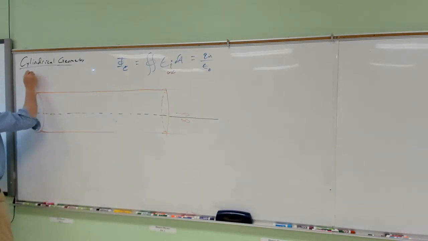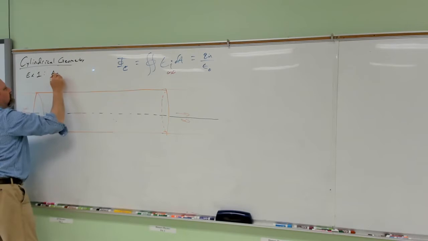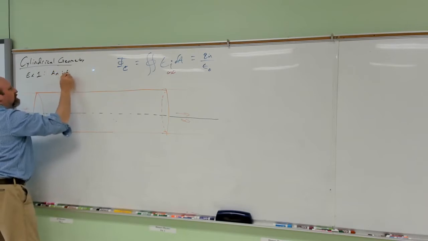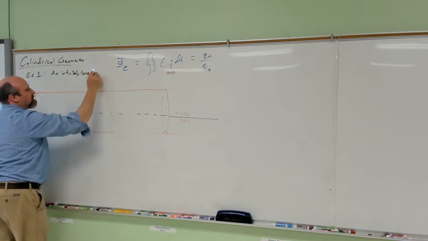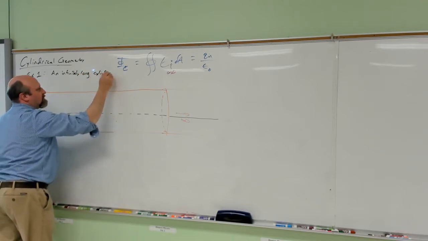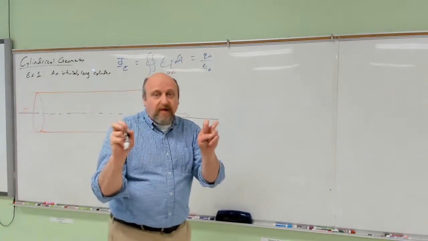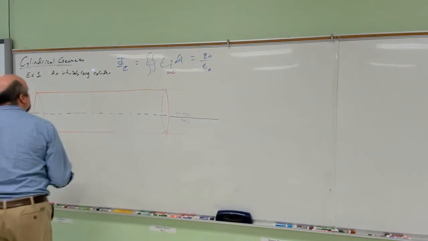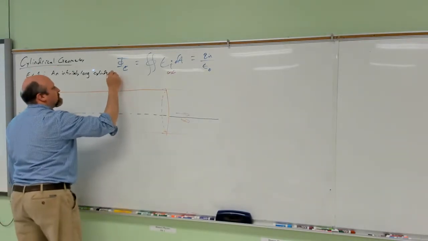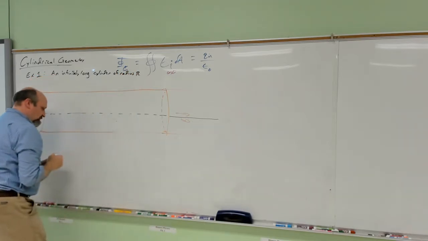So for our first example, example 1, we'll say that we have, and now I could say it's infinitely long. But a lot of times in AP Physics, they'll just say that it's very long. And you'll say, okay, I'll approximate it as being infinite, all right? We'll say this is a cylinder of radius r, okay?